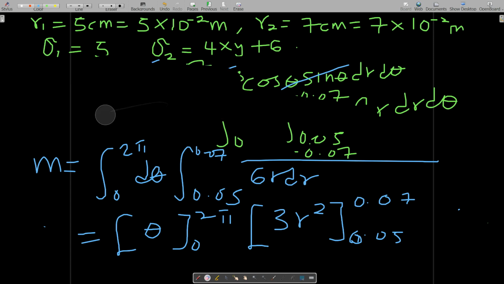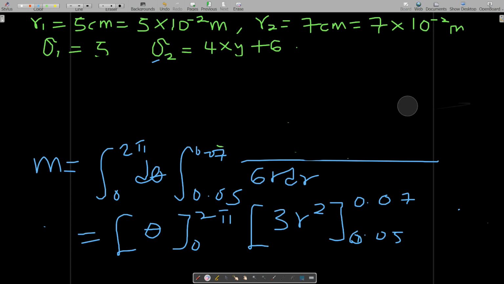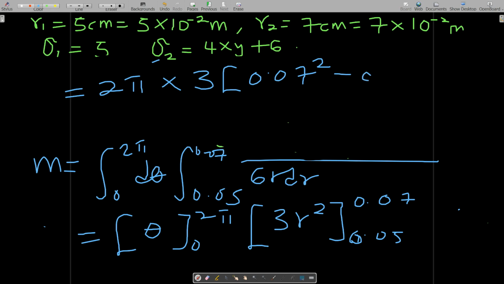The total mass is now given as the simplification of this, and that will be equal to 2 pi, because that's what we are having, times 3 times r squared, that is 0.07 squared minus 0.05 squared.